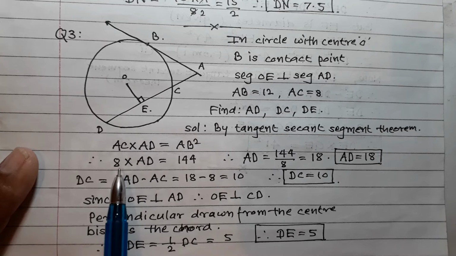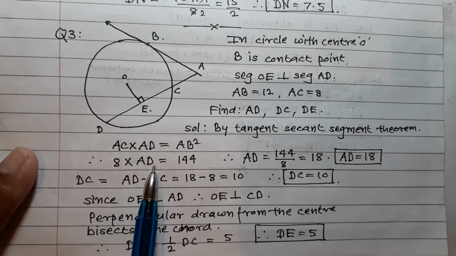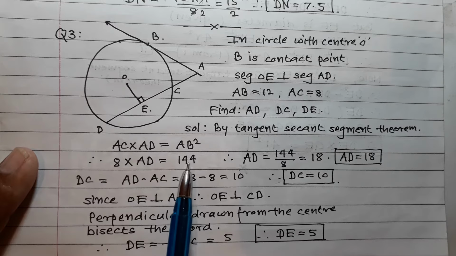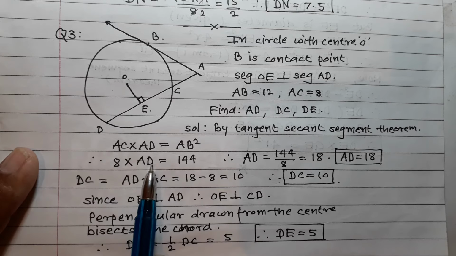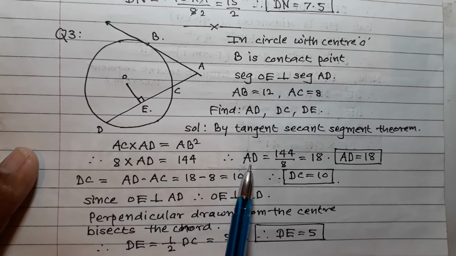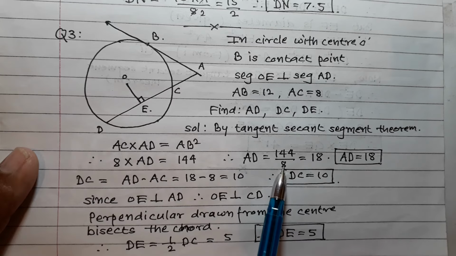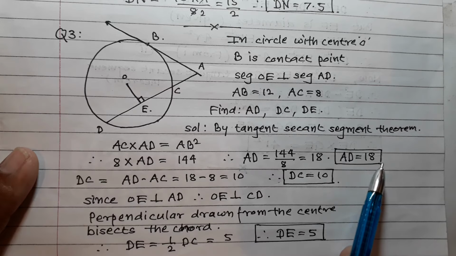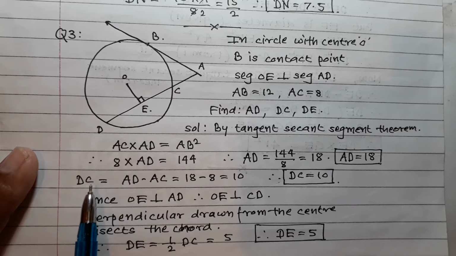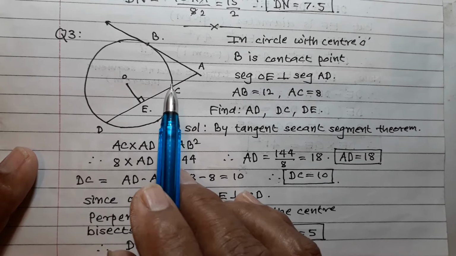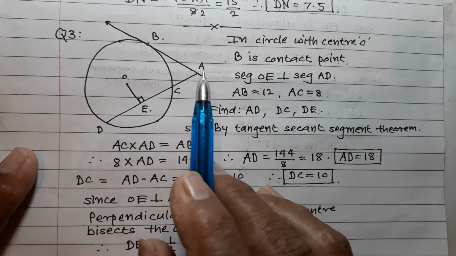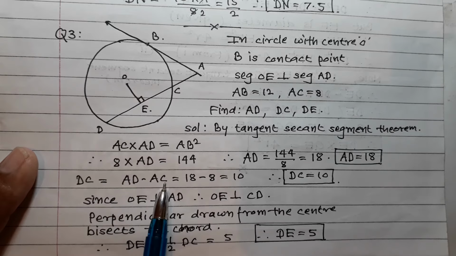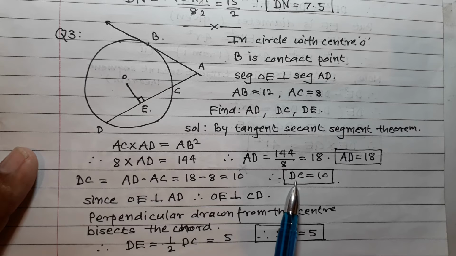AC is equal to 8 given. 8 into AD is equal to 144, and therefore AD is equal to 144 upon 8 is equal to 18. So AD is equal to 18. Then DC is equal to AD minus AC, is equal to 18 minus 8 is equal to 10, and therefore DC is equal to 10.